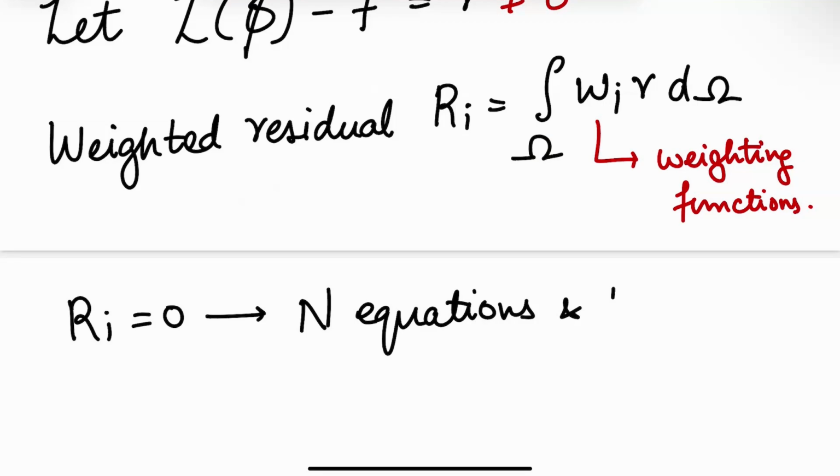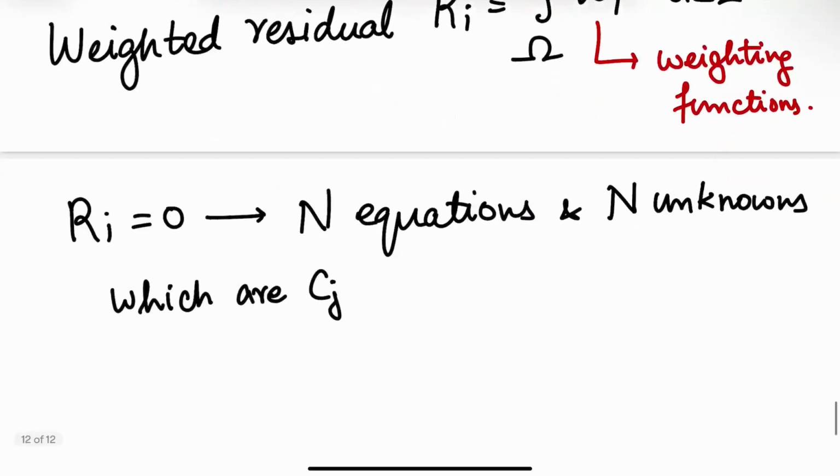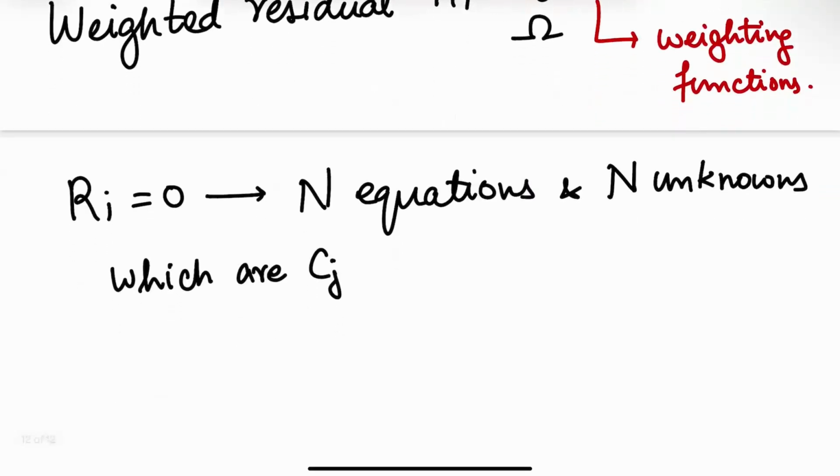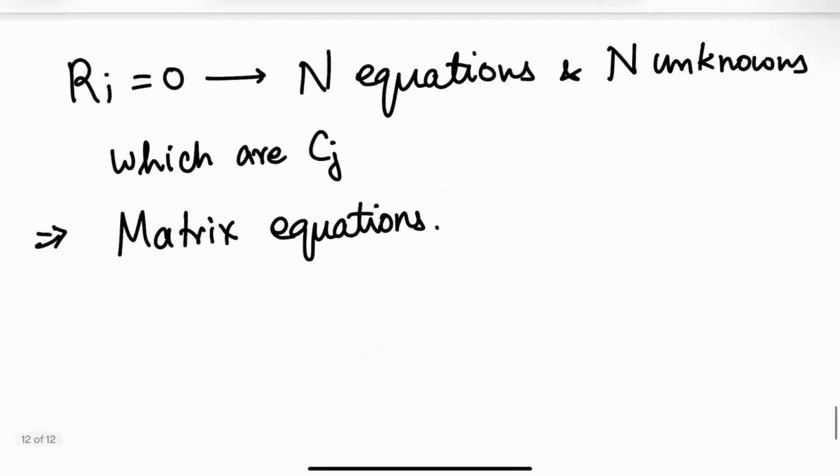And n unknowns, which are the coefficients Cj, which goes from 1 to n. So this gives you a matrix equation basically, because you have n equations and n unknowns. So let's see how that works out.